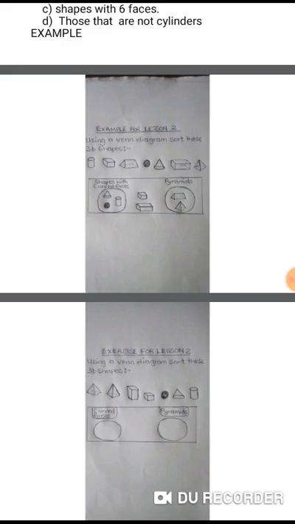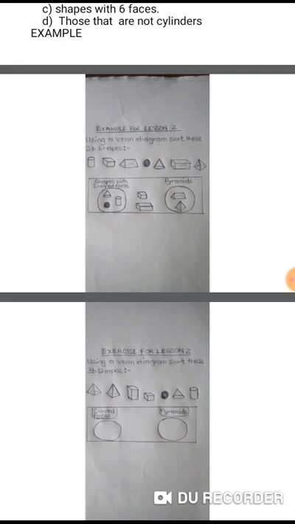So all shapes which are in a triangular form are put in that circle. Then the rest are between the two big circles, and these are the cuboid and then the cube.